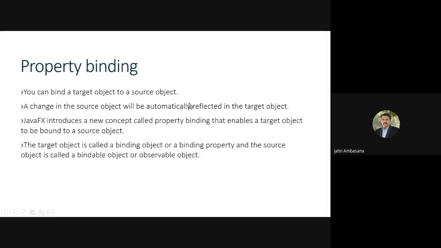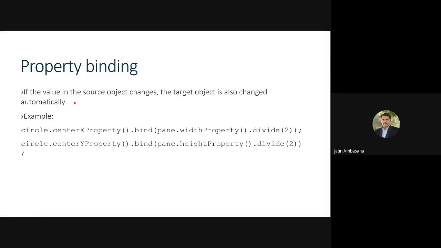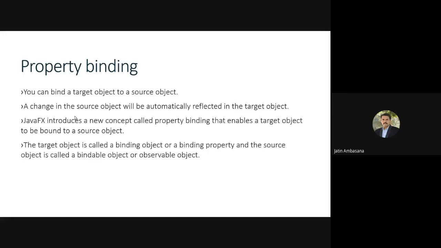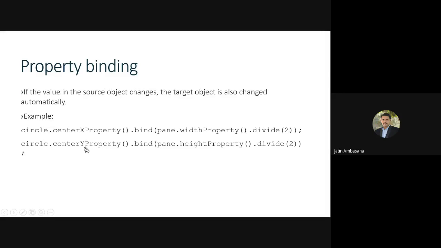So we saw this example where, now see, property binding means what? That there will be a source object and there will be a target object. Here the source object is the pane, and the circle is the target object.